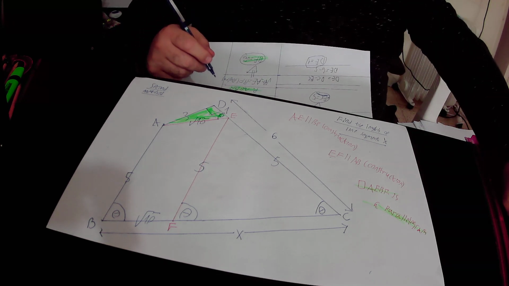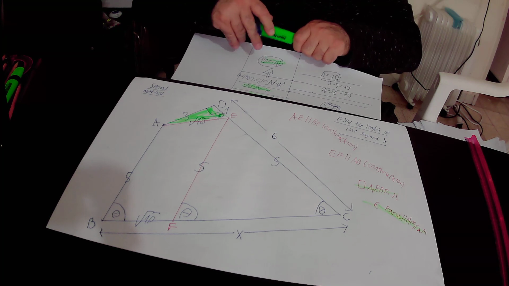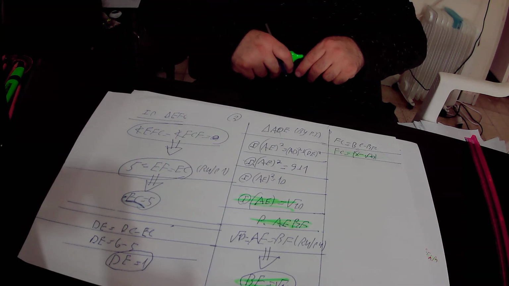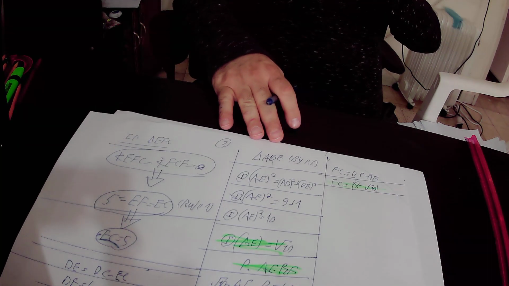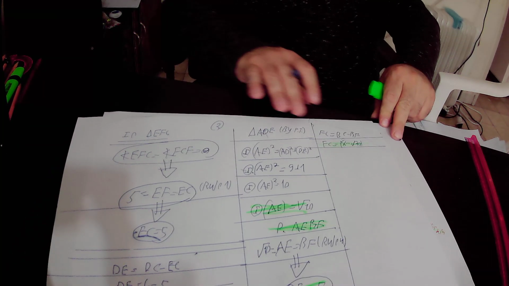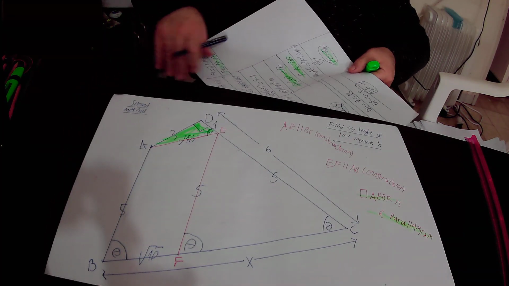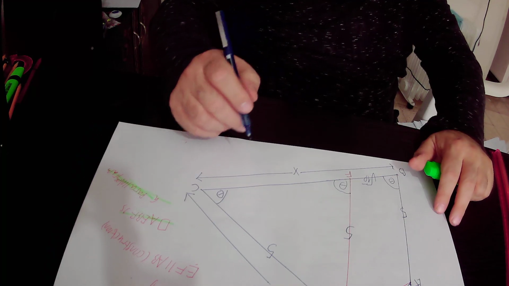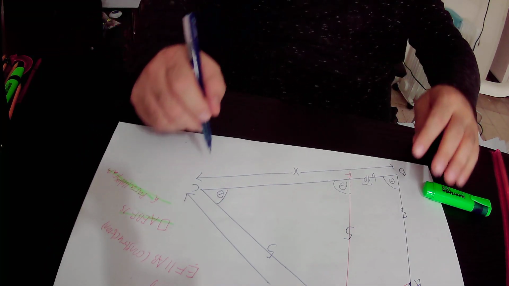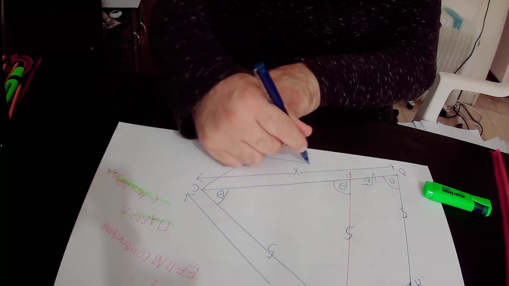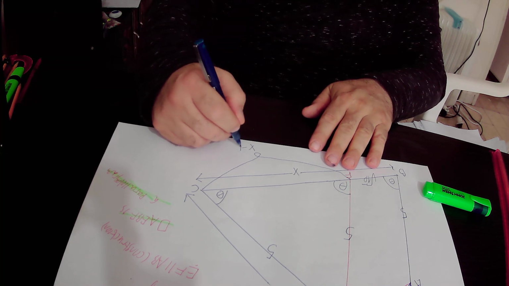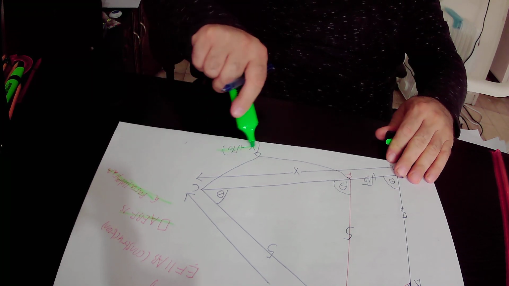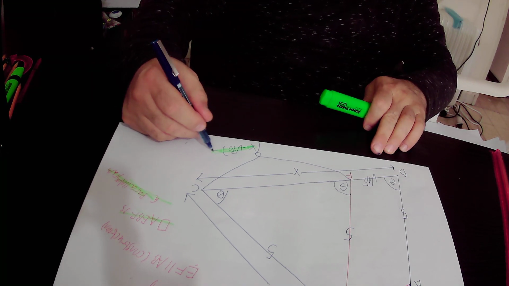So, in conclusion, FC equals X minus the square root of 10 units. This is equal to FC.